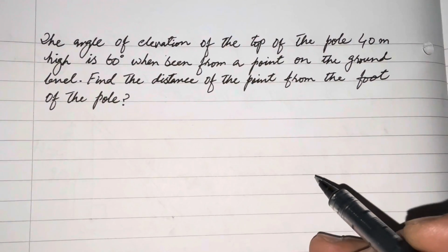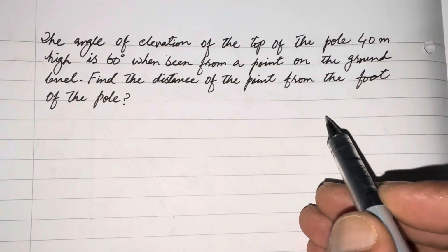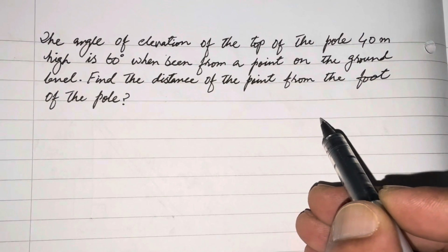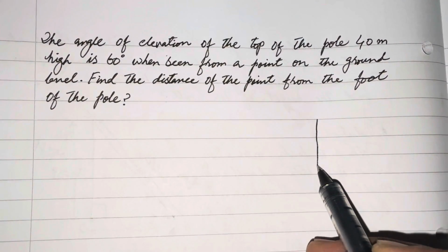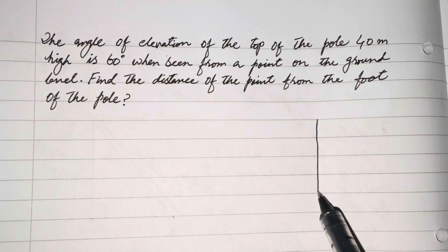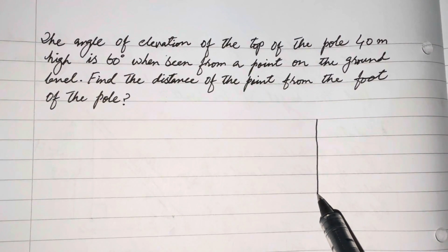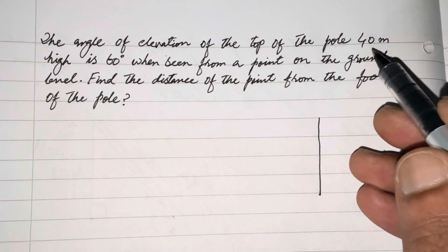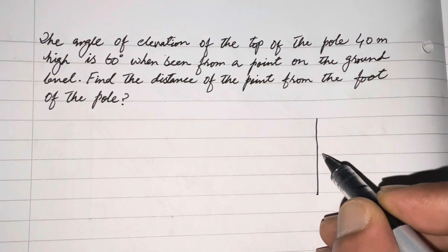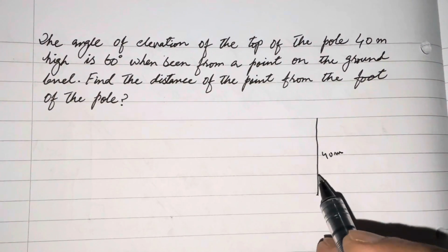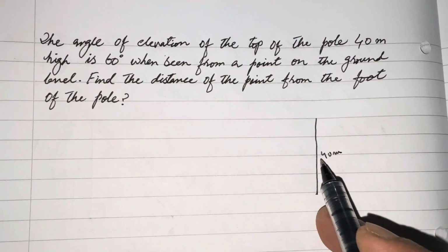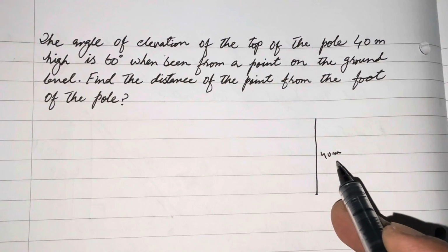So first of all we have to draw a pole, that you can say a straight, perpendicular straight line representing the height of the pole. The length of the pole is 40 meters.